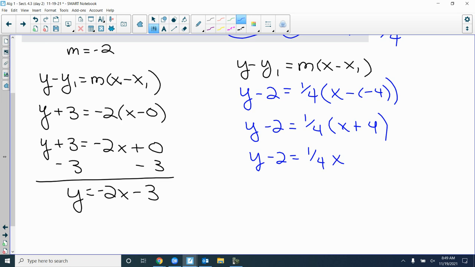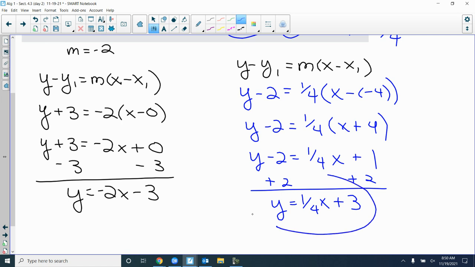Good, 1/4 times 4. Last step: plus 2 on both sides. I get y equals 1/4 x, and then when I add 2 on both sides, I get 3. So negative 2x minus 3 for the one, 1/4 x plus 3 for the other. So there's your two answers.